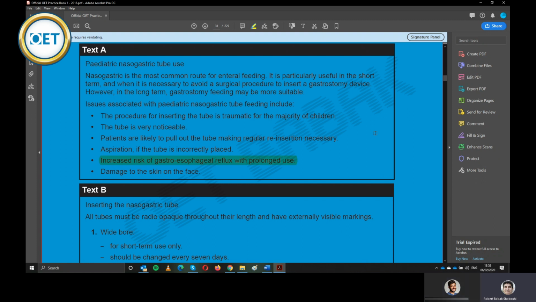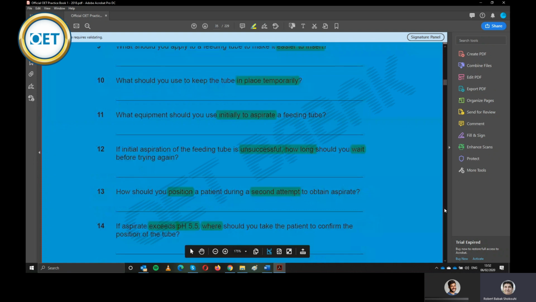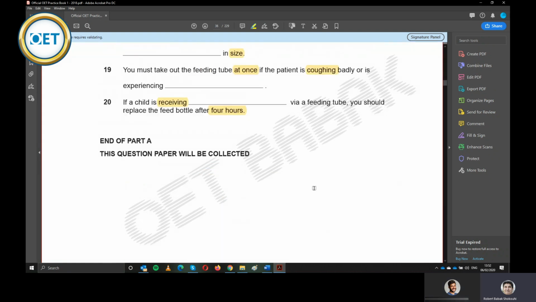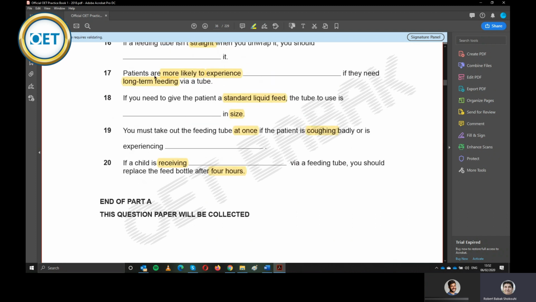I think it is this one. Yeah, GORD or GR. Right. Okay. So if a child is receiving, okay, it is not this one. This one was: patients are more likely to experience gastroesophageal reflux if they need long-term feeding via a tube.